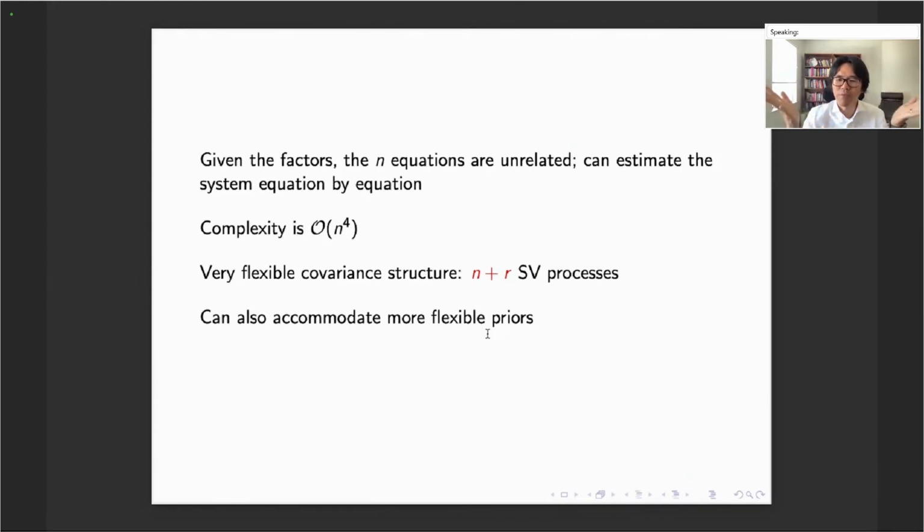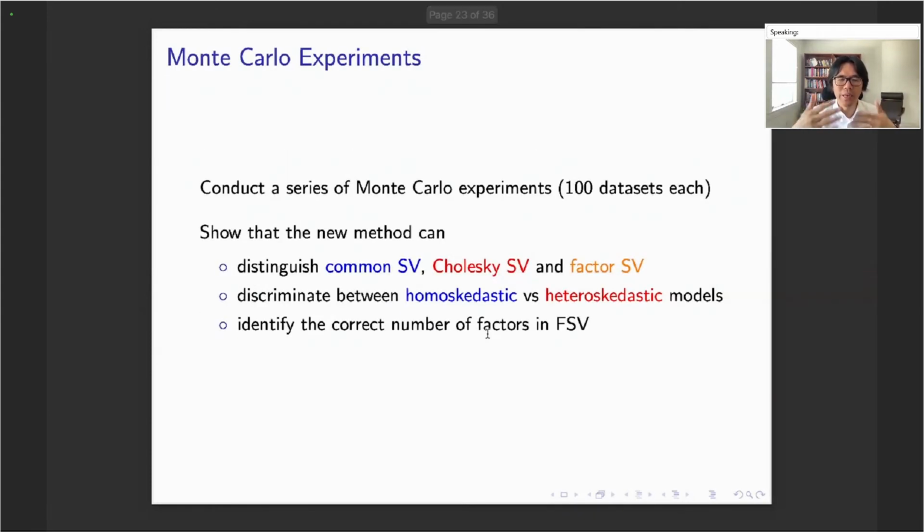So as you can see, there are a few of these stochastic volatility models designed for large data sets, in particular large VARs, and they are very different, right? And it's not really clear which one is better than the other. So in the papers, I have a lot of graphs trying to give the reader some confidence that this marginal likelihood estimator works.